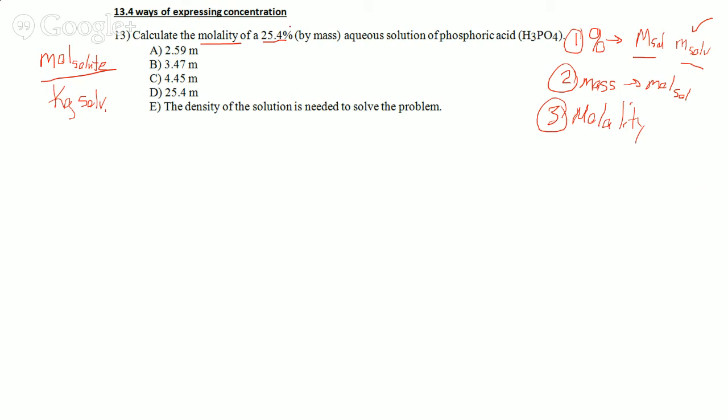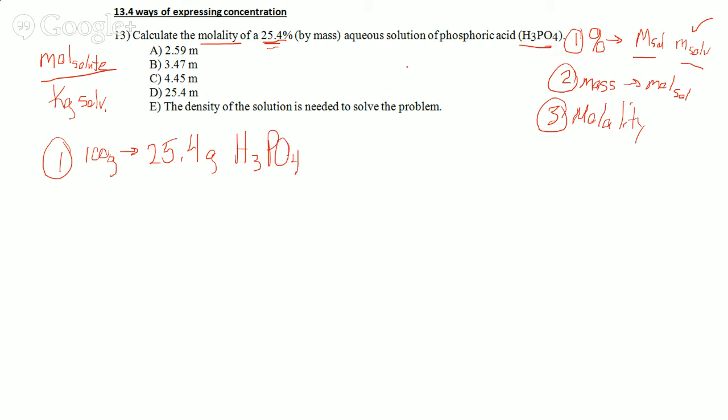So let's check it out. All right, well, how do we use this percentage? Well, what you got to do is you got to assume a certain amount of mass. So let's assume we have 100 grams total. How much of that would be the phosphoric acid? Well, percentage. If it's out of 100, then we have 25.4 grams of H3PO4, right?